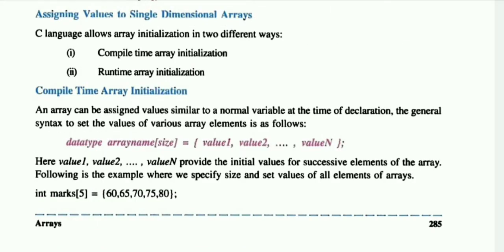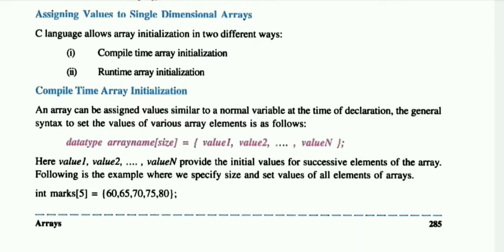Now we will see how to assign values to our single dimensional array. There are two different ways to initialize your array variable. First is compile time array initialization and next is runtime array initialization. First we will discuss compile time array initialization.